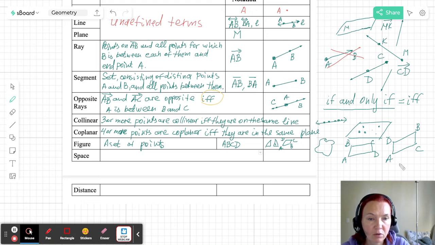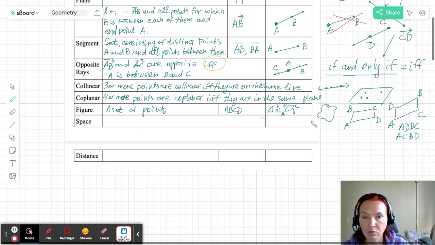So this name is now going to be A, D, B, C, or A, C, B, D. So that's the name of this figure, right? If I have A, B, C, D, then I have to place those in order, either clockwise or counterclockwise.